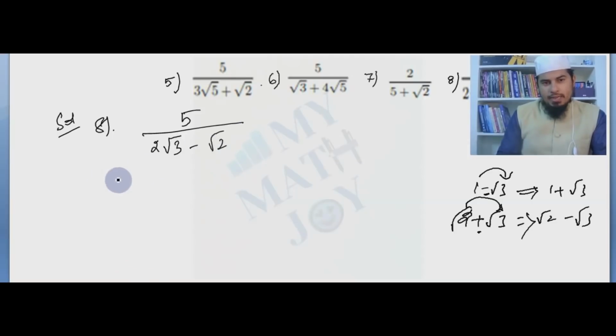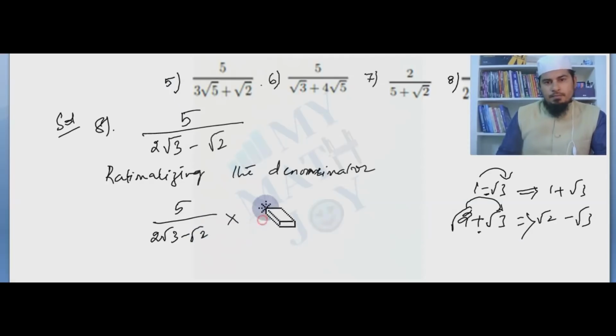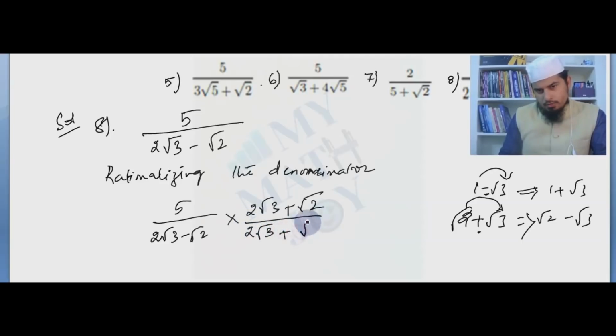So I'll write a heading: rationalizing the denominator. So 5 divided by 2 root 3 minus root 2, times 2 root 3 plus root 2 divided by 2 root 3 plus root 2.